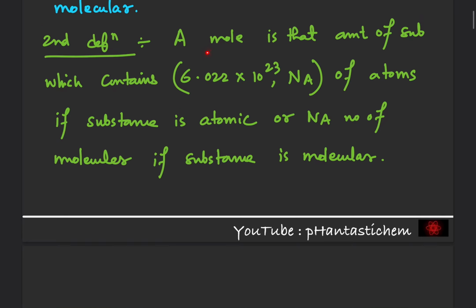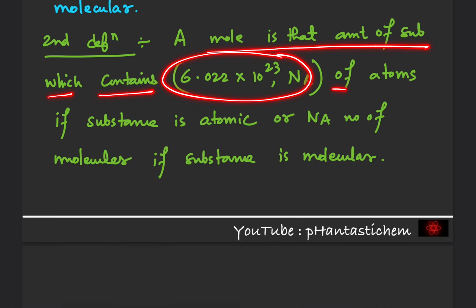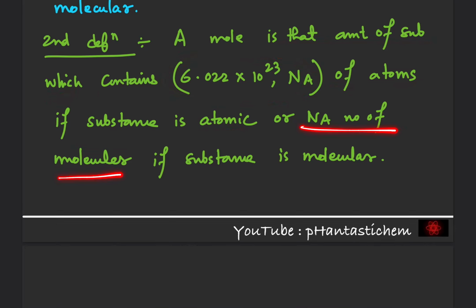So a mole contains Na atoms if atomic, or Na molecules if molecular.